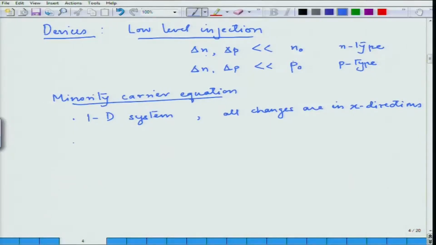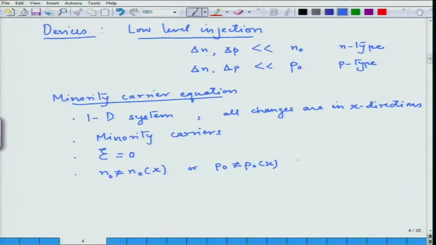We also make the assumption that we are only looking at minority carriers here, and we are looking at a situation where the electric field is 0. So, there is no electric field in this particular simplification, and we also make an assumption that the equilibrium concentration n is not a function of x, or for p type it is not a function of x again, which means it is a uniform doping.